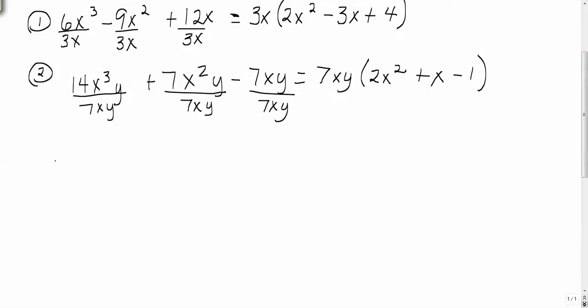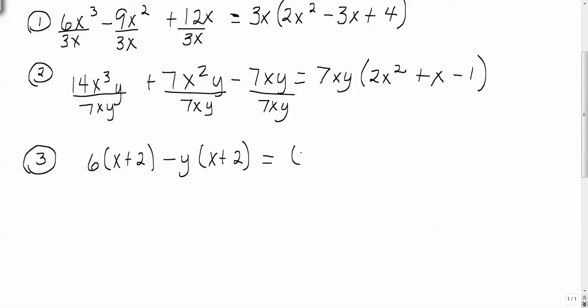Now sometimes you have a polynomial factor to factor out. Let's say you have 6 times x plus 2 minus y times x plus 2. On this one, the greatest common factor is x plus 2.